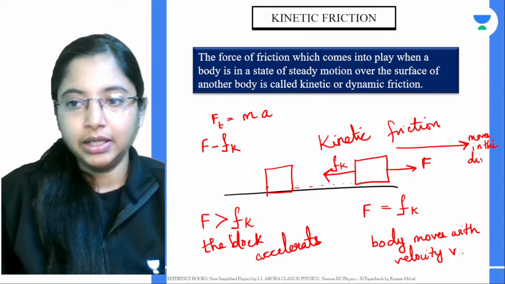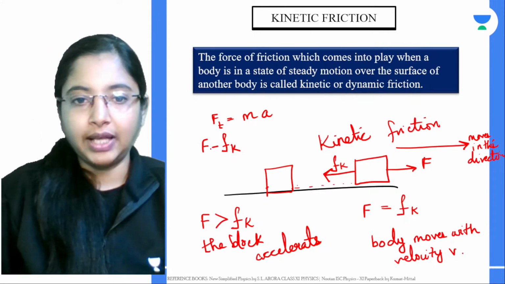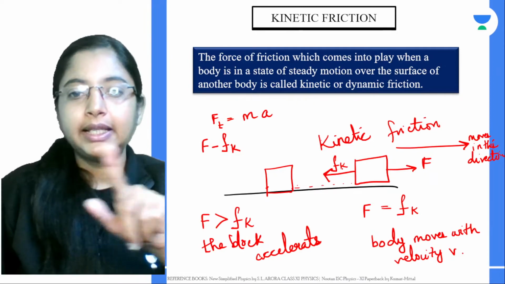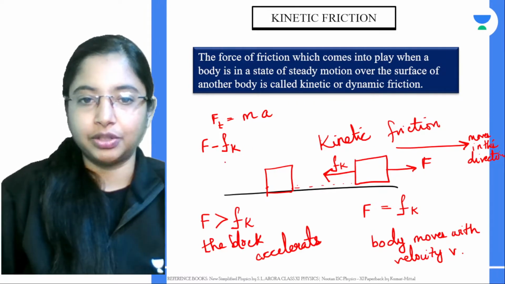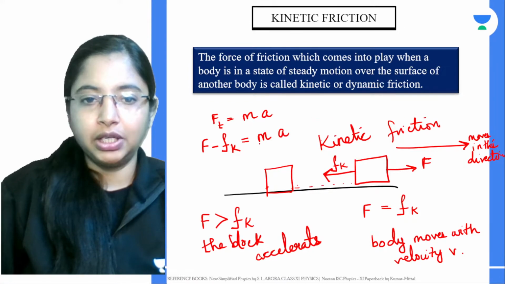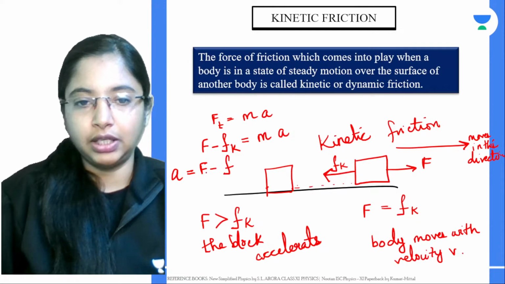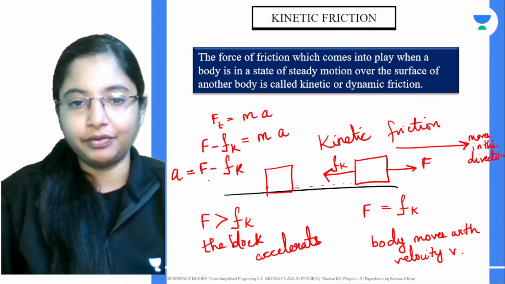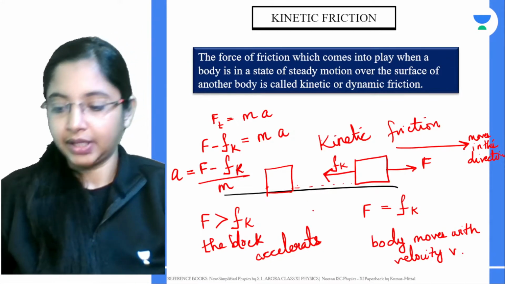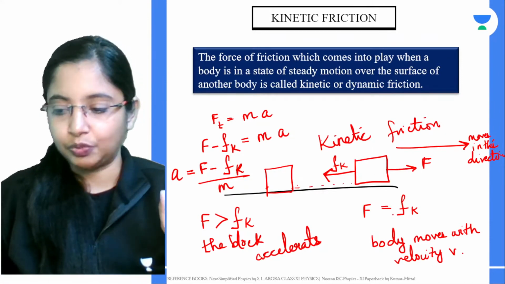The object is moving in the direction of the force that you applied, so the kinetic friction is acting in the opposite direction. Applied force minus the kinetic friction is equal to mass into acceleration. From here, the acceleration is equal to the applied force minus the kinetic friction, divided by mass. You can use this formula to find the acceleration of an object.